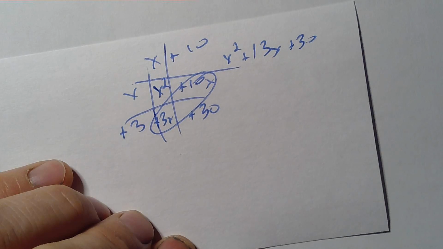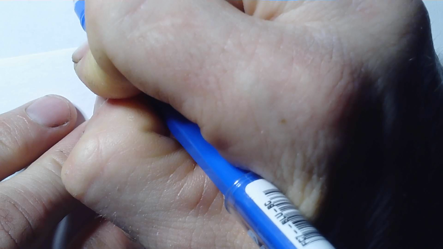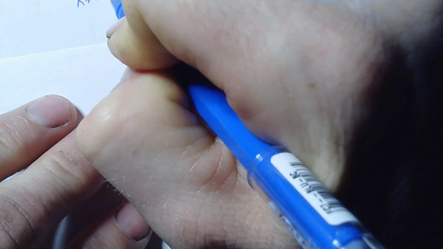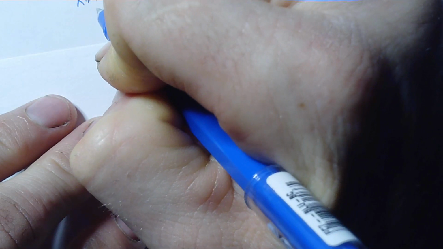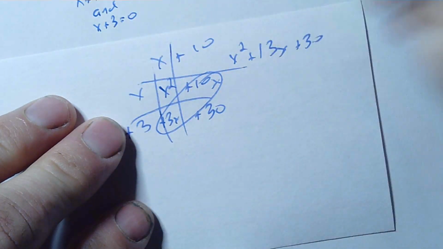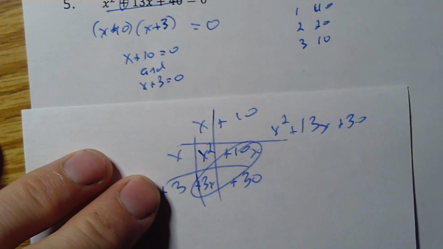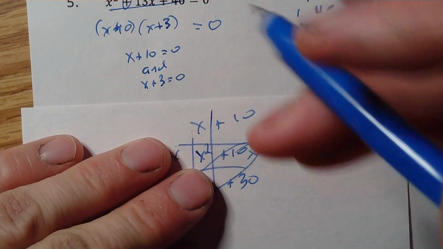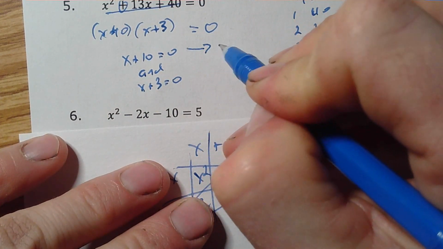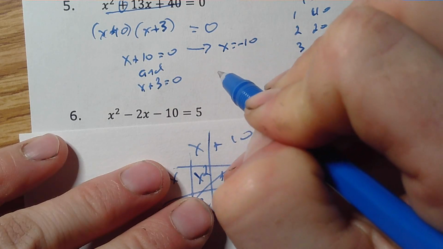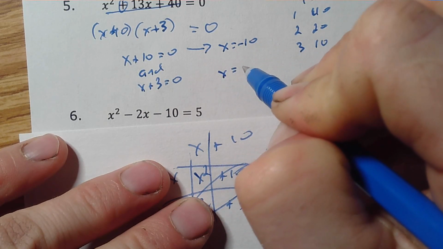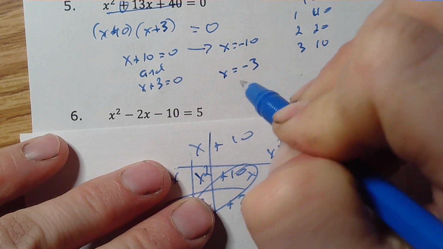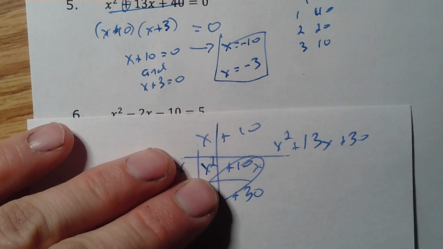So that means that two things are true: either x plus 10 equals 0, and x plus 3 equals 0. If that is the case, then I can solve this one and say x equals negative 10 and x equals negative 3, also known as finding the zeros.